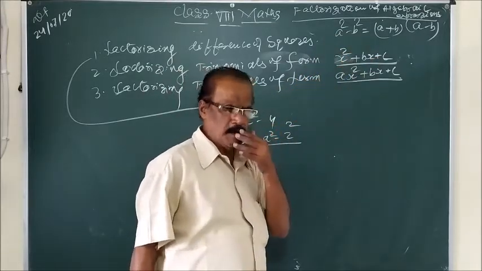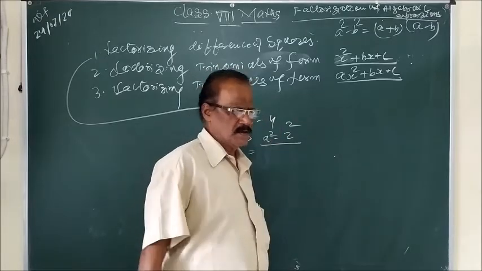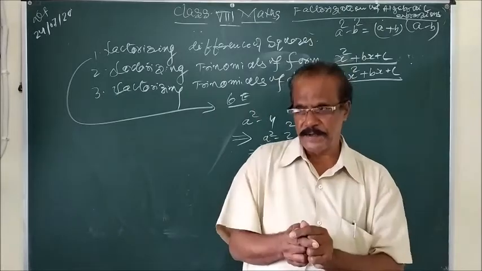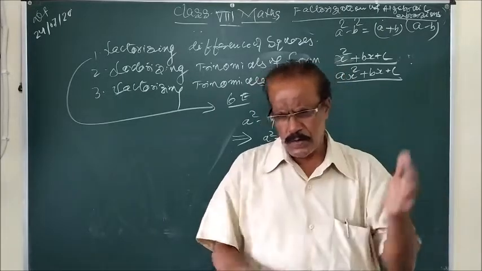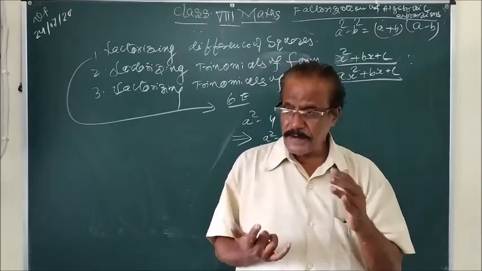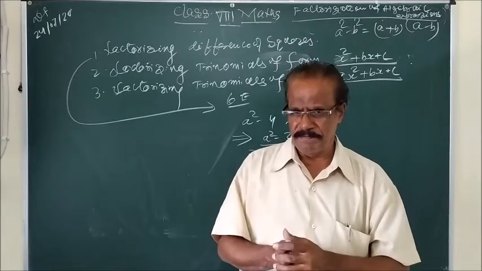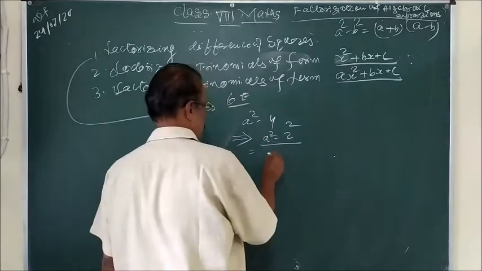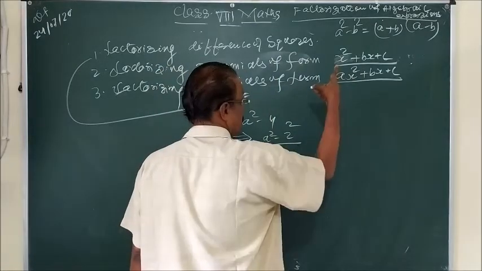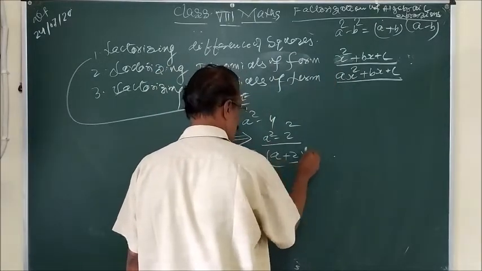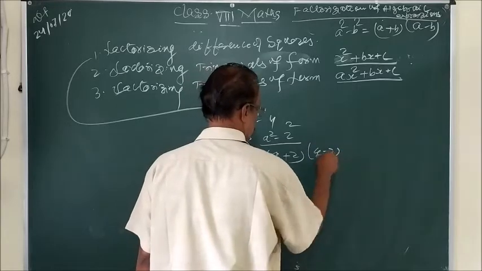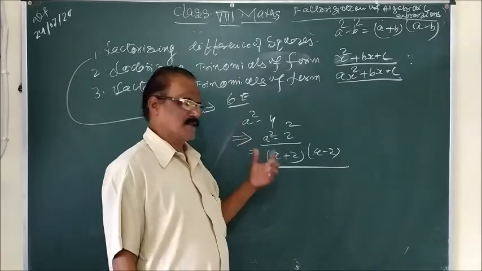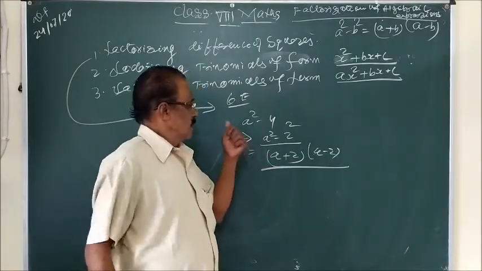I have already told you factorization means to write the algebraic expression in the form of a product. Product and factorization, these two are opposite to each other. So this will be a plus b, so here a plus 2, and a minus b means a minus 2. That's all. This is factorization, very simple.